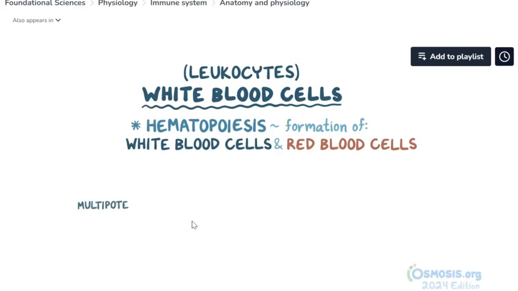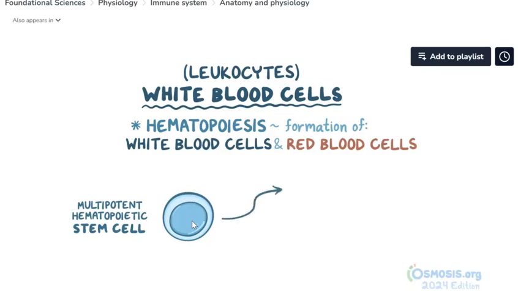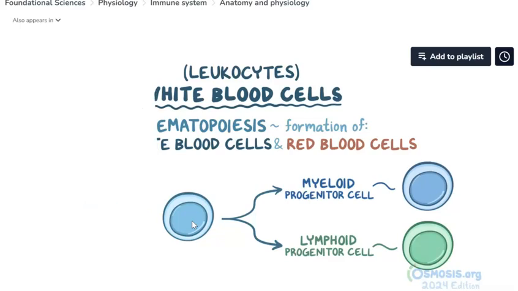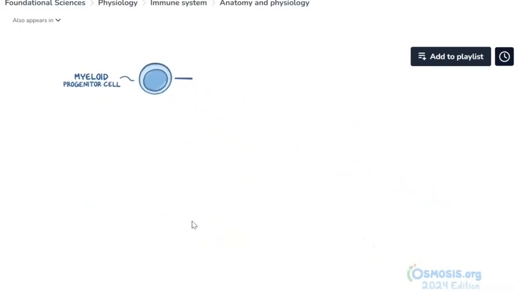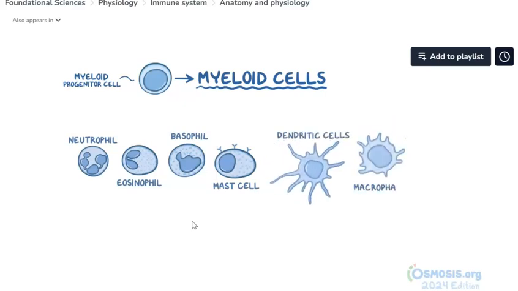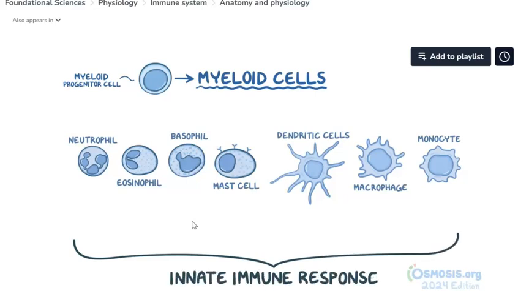Hematopoiesis starts with a multipotent hematopoietic stem cell, which can develop into various cell types. Its future is undecided. Some become myeloid progenitor cells, whereas others become lymphoid progenitor cells. The myeloid progenitor cells develop into myeloid cells, which include neutrophils, eosinophils, basophils, mast cells, dendritic cells, macrophages, and monocytes, all of which are part of the innate immune response and can be found in the blood as well as in the tissues.